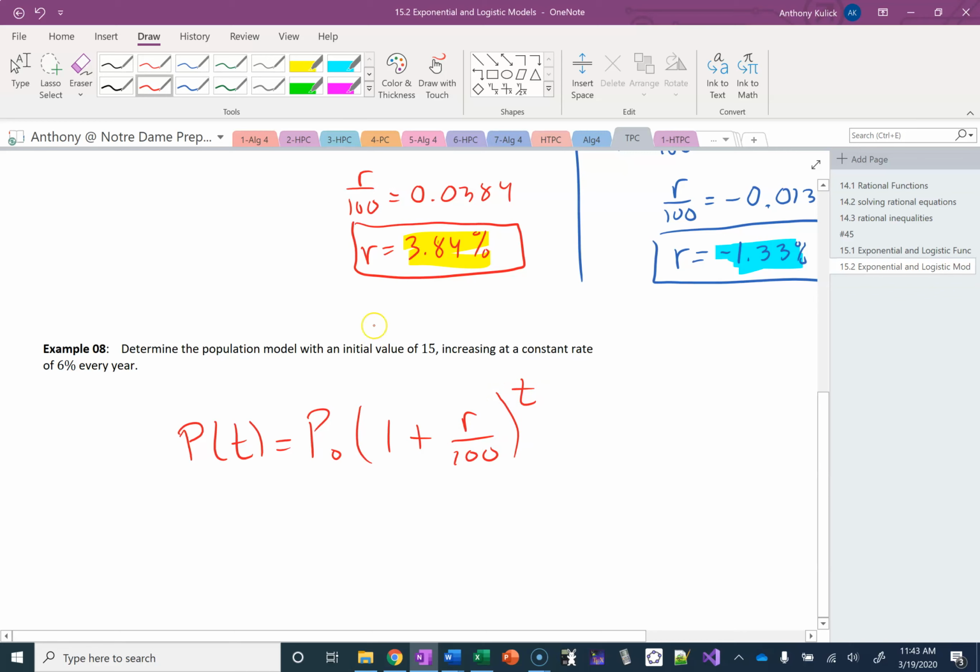We're told the initial value is 15, so that's my value for P sub 0. And we're told the rate of change is 6% for R, and since it's increasing, we know that this is positive. So let's go ahead and fill those in.